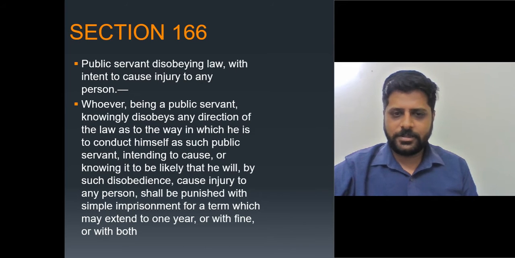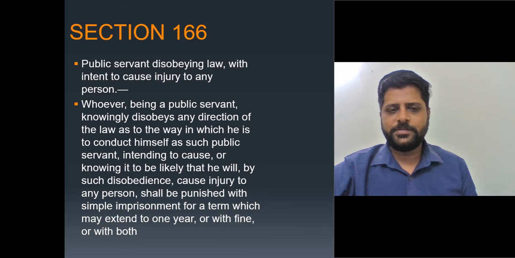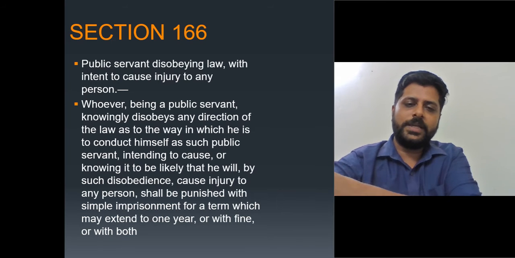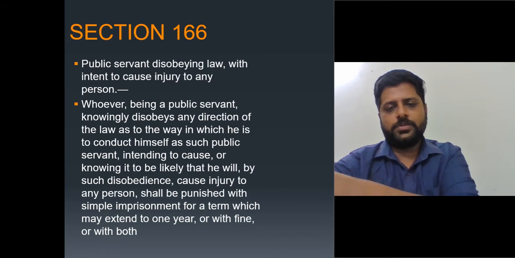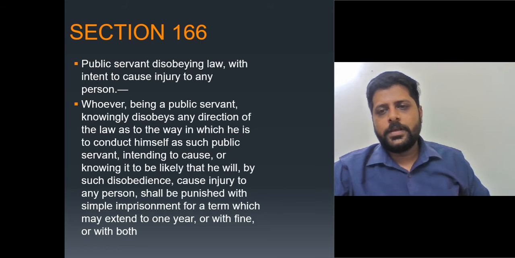Then in that case the person will be serving simple imprisonment which may extend to 1 year, or fine, or both. Now moving further.